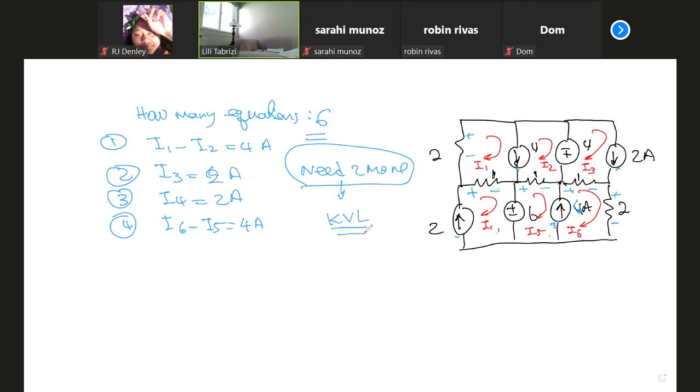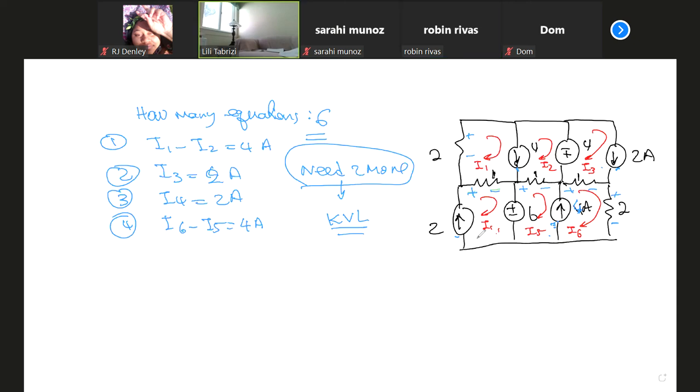So just start with simple loop. Which simple loop is feasible for KVL? Is loop 1 okay for KVL? No. Loop 2? No. Loop 3? Yes. Okay, this is loop 3. Am I passing through a current source? Oh yeah, you are. So loop 3 is not feasible.